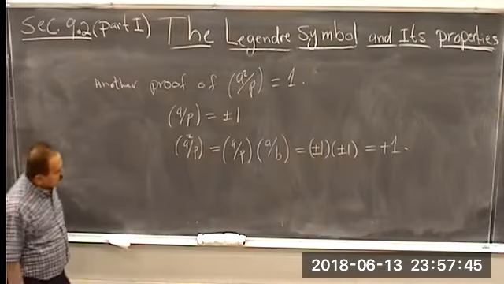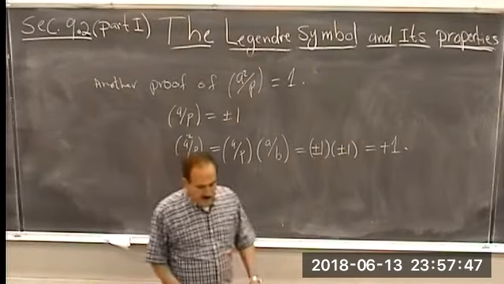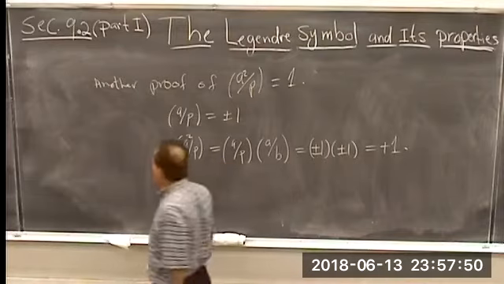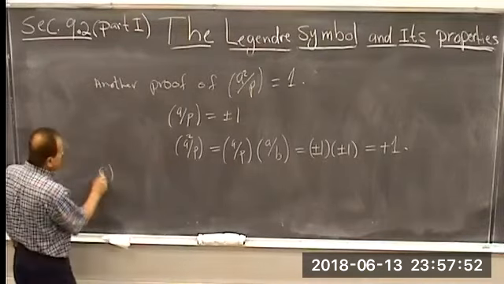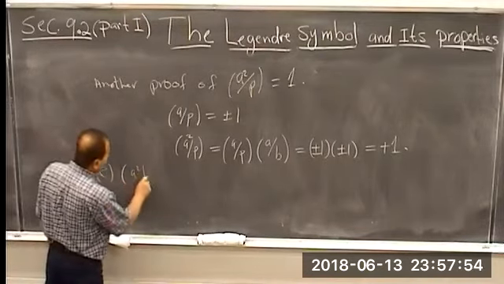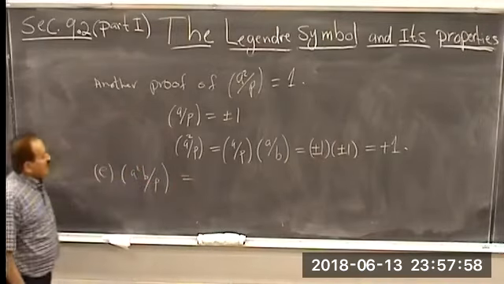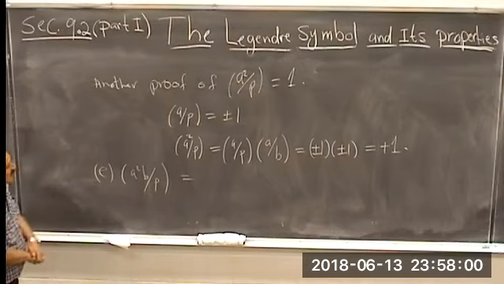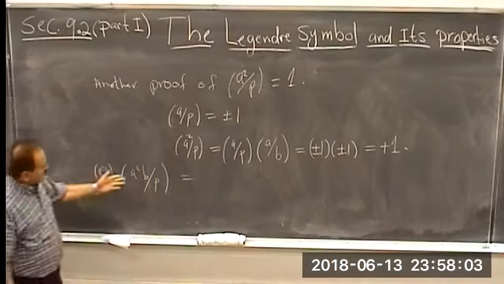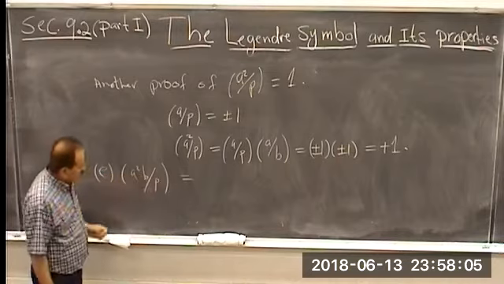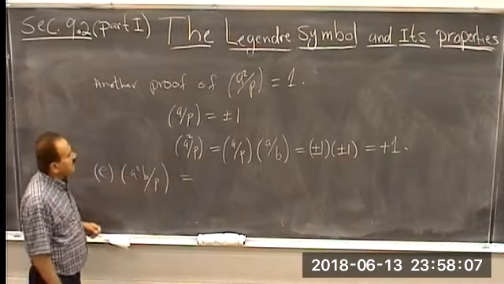All right, now the next property is also very key, which is (A squared B/P). Again, everything is relatively prime. A squared B is relatively prime to P because both of these are relatively prime.